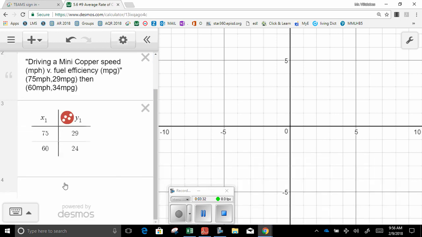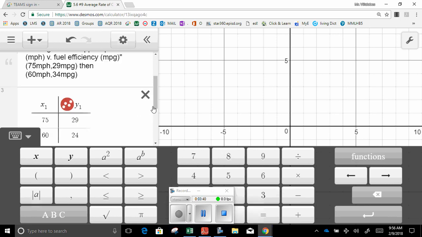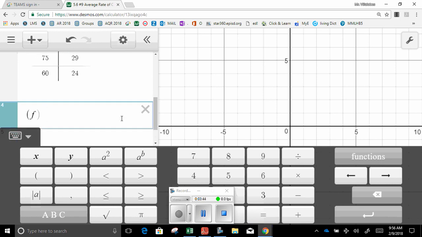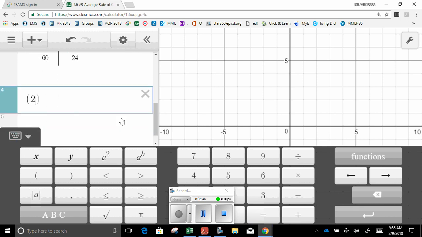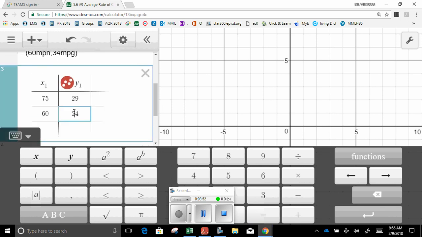And now I have to do the slope. What's the slope? It's going to be 29, excuse me, 29 then 34, right? I put 24, it's supposed to be 34. There.